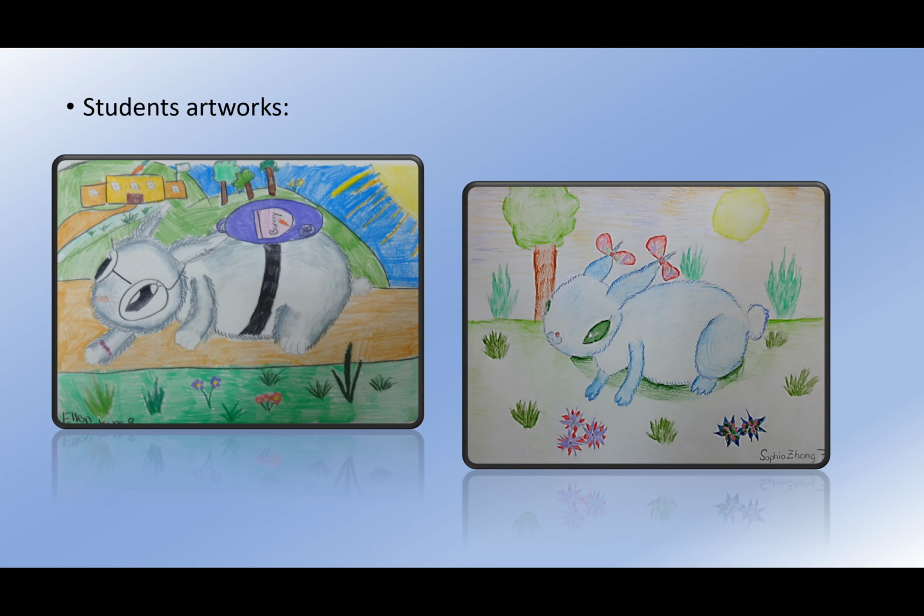Here are 2 more examples from students. The picture on the left here shows a basic way to draw the background. It only has 2 layers, the grass here and the sky here. But the picture on the right has many more layers.